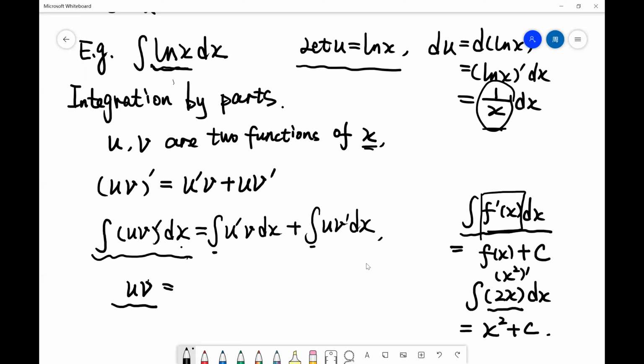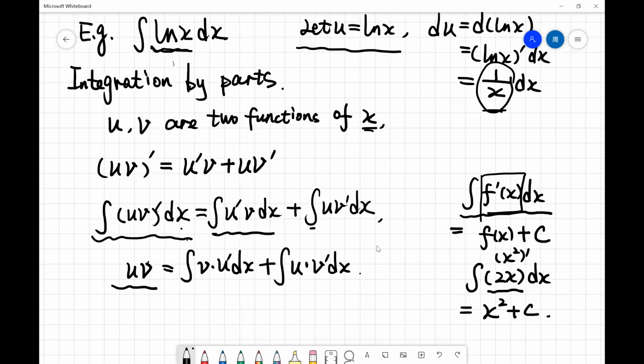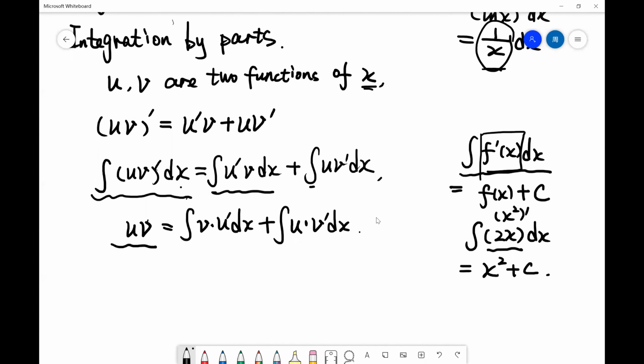And the right part here, first I will write it as v times u' dx, and then plus u times v' dx here. And remember that u is a function of x. So u' dx, does anyone know what u' dx means? That means du, right?